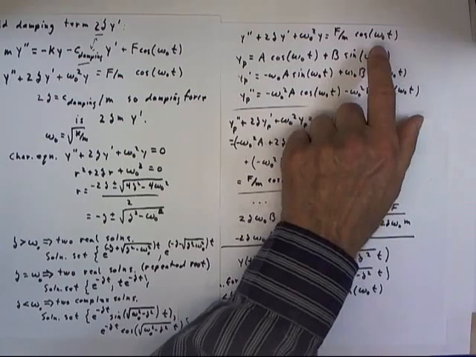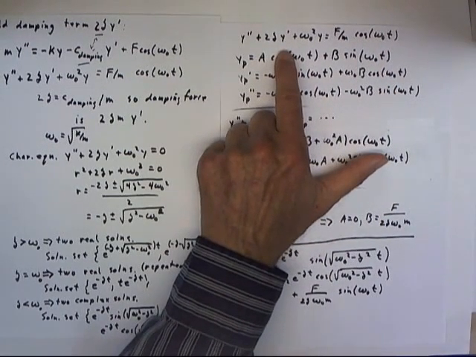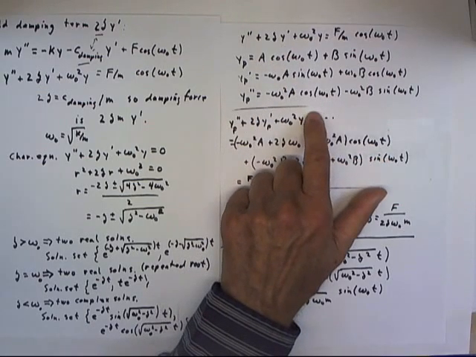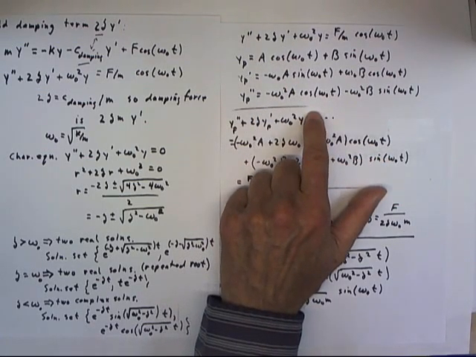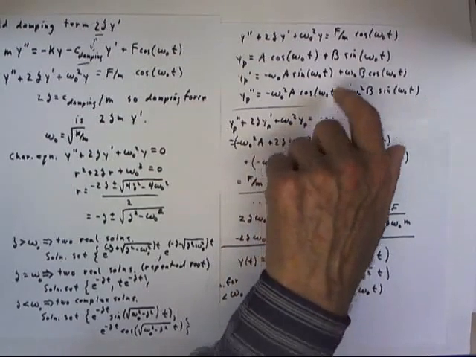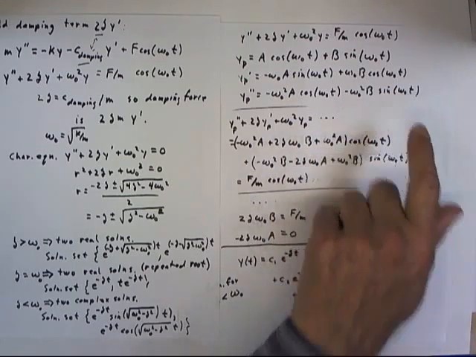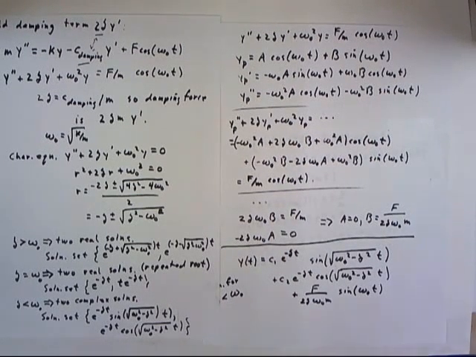So that the driving frequency is no longer equal to the natural frequency of the system. And since it's not, I kind of wonder why I called this omega naught when I could have called it omega 1, but it really doesn't hurt anything, so let's just keep it the way it is.